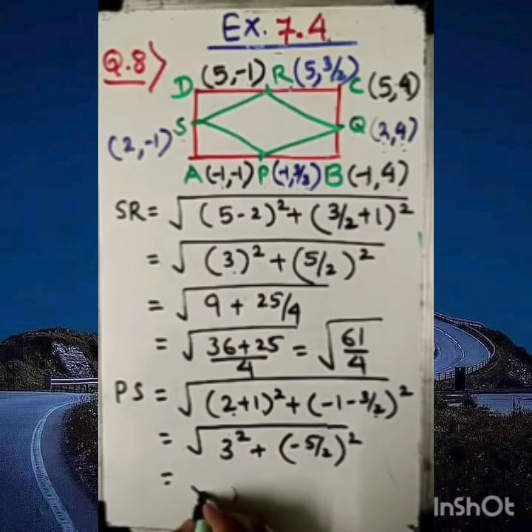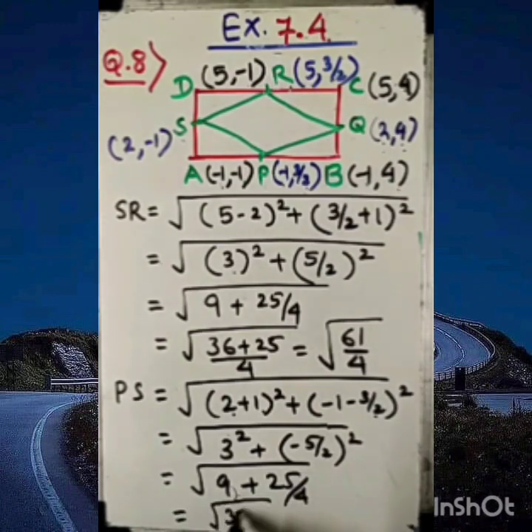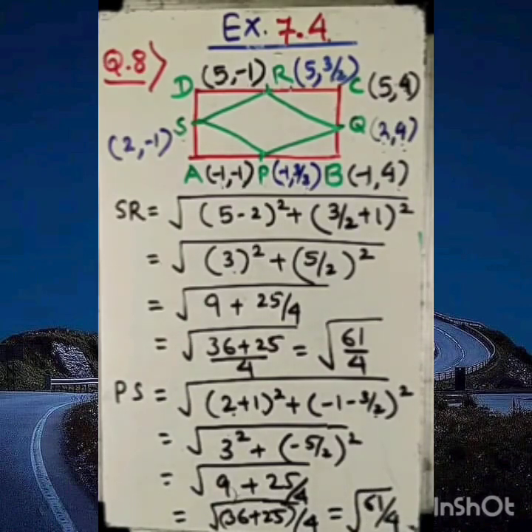The square of a negative number is also positive, so it will be 25 by 4. Again take the LCM, so it will be 36 plus 25 divided by 4. So dear student, that is under root of 61 by 4. Okay, so the value of PS is also coming under root 61 by 4.